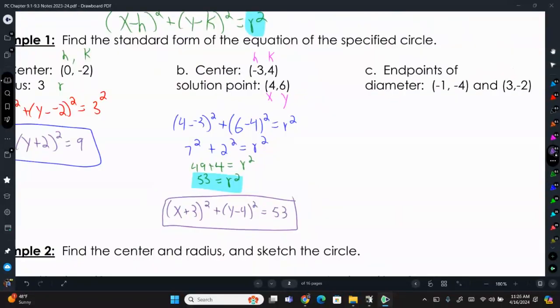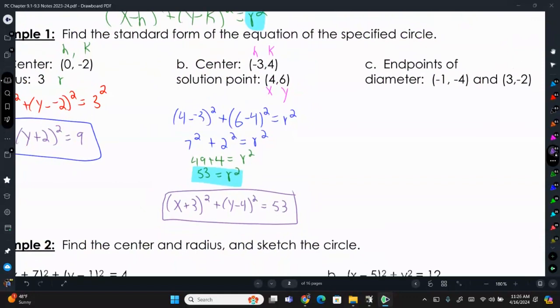So that standard form has the coordinates of the center of the circle, but it does not have a value for x and y. But we used a value for x and y to get the radius.